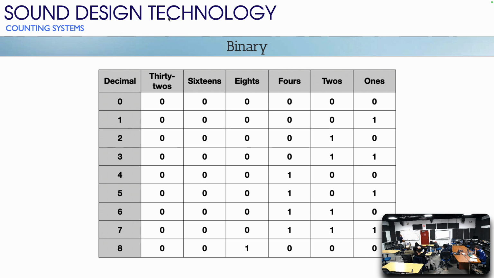Is there room for 16? 96 plus 16 gets us to 112. Is there room for an 8? Yeah, that gets us to 120. Is there room for a 4? Now we're at 124. We get a 2 and a 1. Now we get to 126, 127.